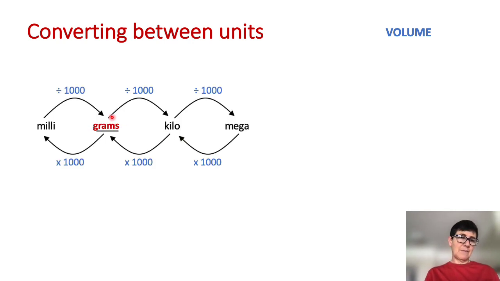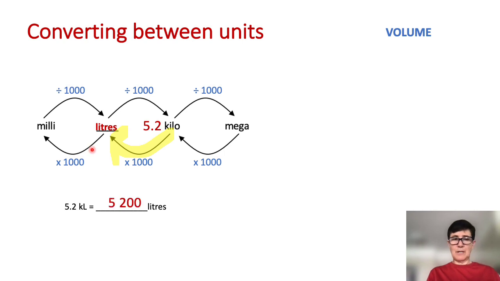So instead of grams, I'm going to use that universal one. I'm going to put litres in. So millilitres, litres, kilolitres, megalitres. 5.2 kilolitres into litres. So I'm going to put 5.2 here. Okay, I'm going kilolitres to litres. I'm going that way, so I'll times it by 1,000. 5,200 litres.